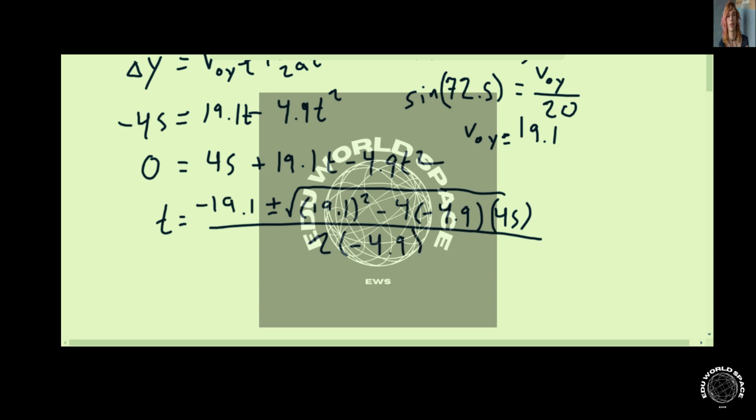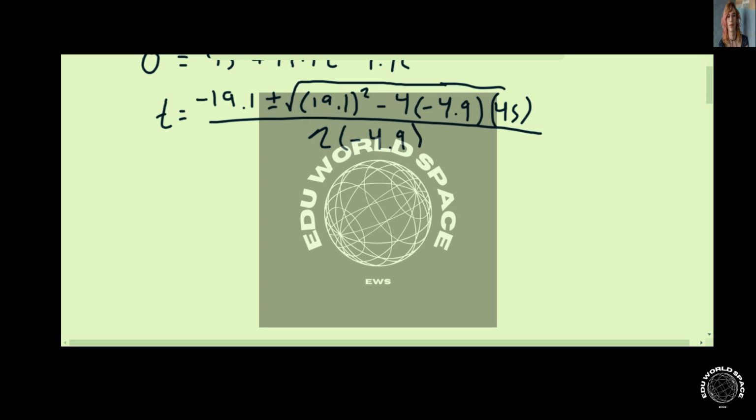So doing all the math, we can see that t comes out to negative 1.65 and also 5.55. In this case, we're obviously going to use the positive value for time because time can't be negative in this situation. So we can easily plug that into our equation for horizontal distance.